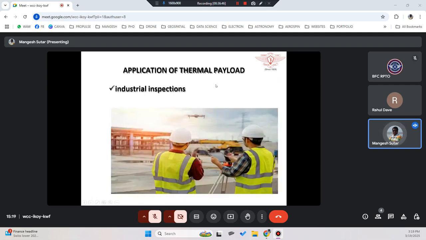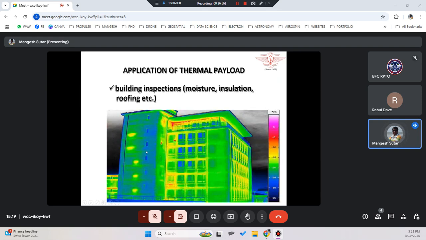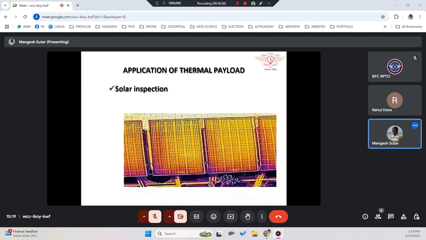Industrial applications, we have seen a lot of industries, a lot of manufacturing plants and all those things where even thermal payloads are being utilized. This is the industry where we have seen drones with the thermal camera extensively used, especially in solar panel inspections.